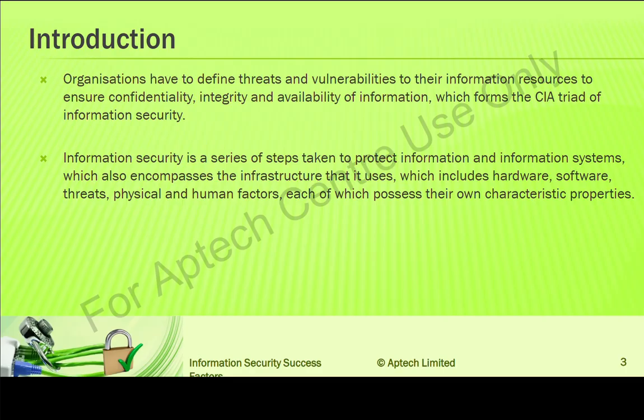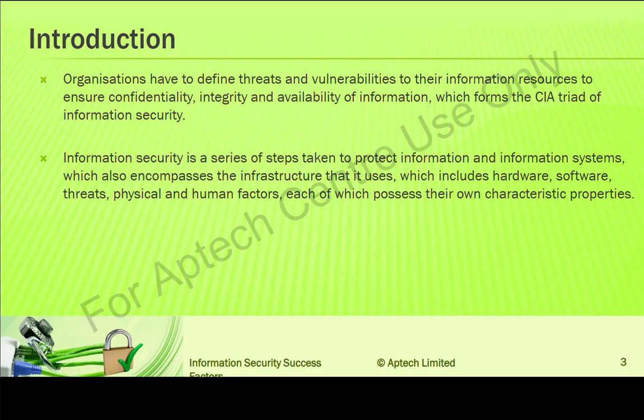Here we are talking about how the organization lets it be known: these are the threats we have, these are the vulnerabilities we have to all our resources, all our information assets, our network infrastructure, the software, and the rest. So you have to define those threats and vulnerabilities, so that we will be able to cope with all this and ensure confidentiality, integrity, and availability of such assets, information, or data.